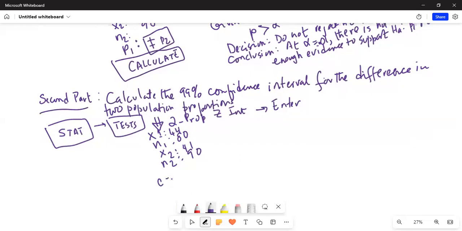Only the C level has to be changed because we are interested in 0.99, 99% confidence interval. And then we go down to calculate and hit enter.